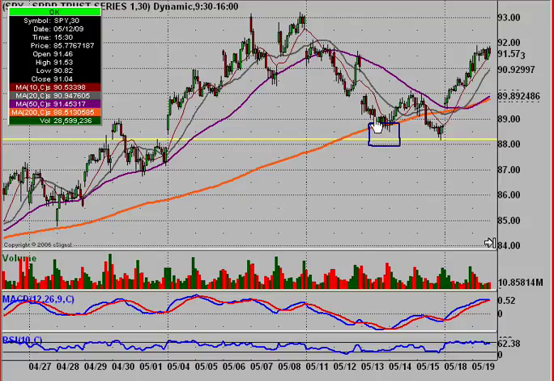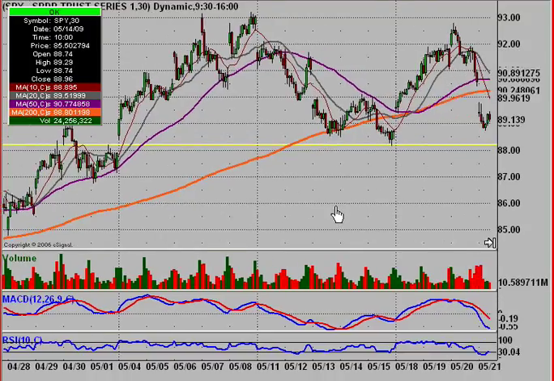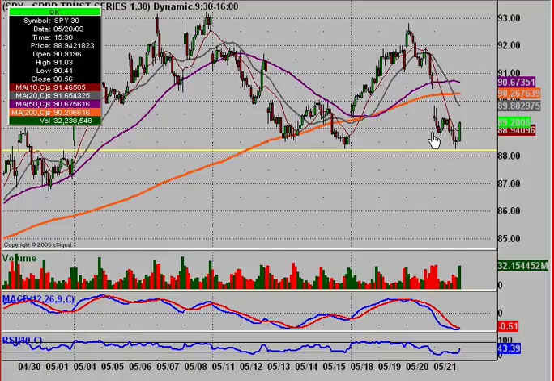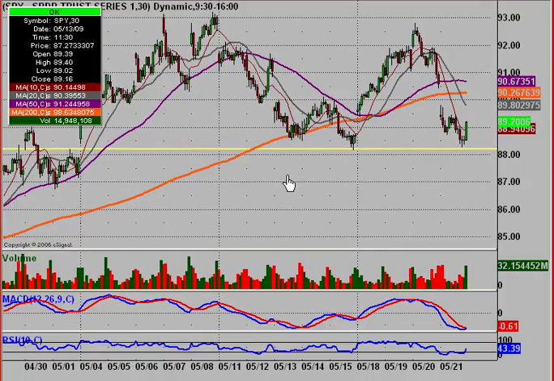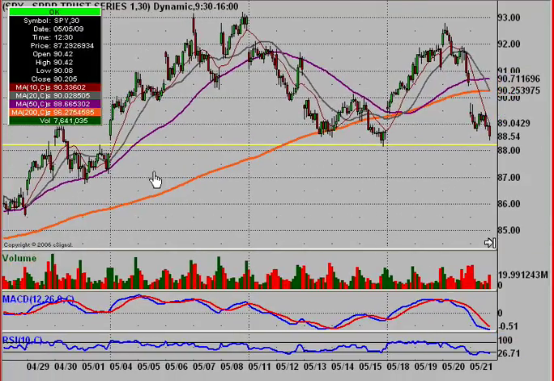Here you can see it came down, was hovering. Here it actually hit the zone, and from there bounced back up, came back down, and once again hit that zone. So on the 30-minute chart, just to make it easy for argument's sake, $88 is the level that you're going to want to watch, as it has been a common support level.